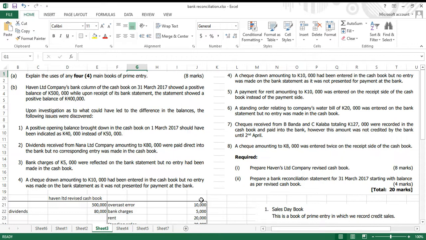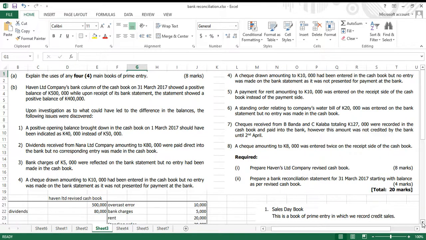This is the opposite of an unpresented check. Remember, an unpresented check or an outstanding check refers to a payment that we've made. We've made that payment, recorded it in our cash book, but our bank hasn't recognized that. But now we have a lodgement or an unaccredited check. This is a check received by us, which refers to a payment which we record, but our bank does not record.